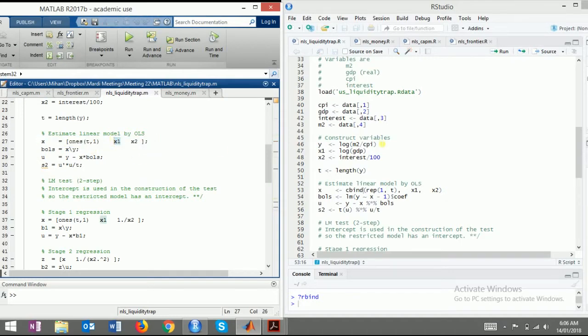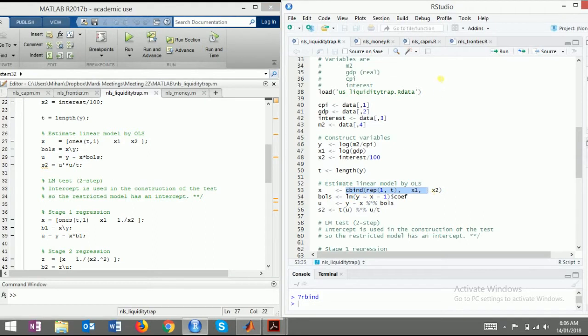Column bind, repeat matrix 1 to t. So basically we want everything in one column, all the values of x coming in one column. So that's column bind. Row bind is coming in one row. So once x1, x2, then we are doing the regression.